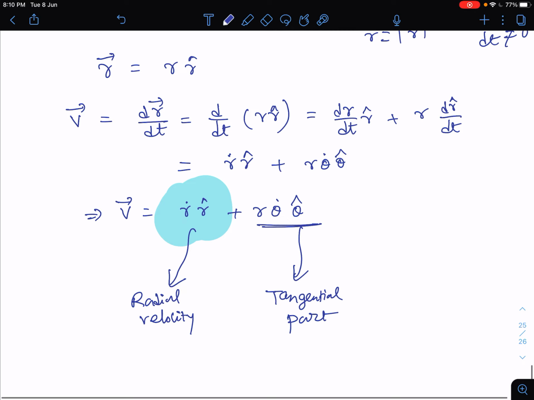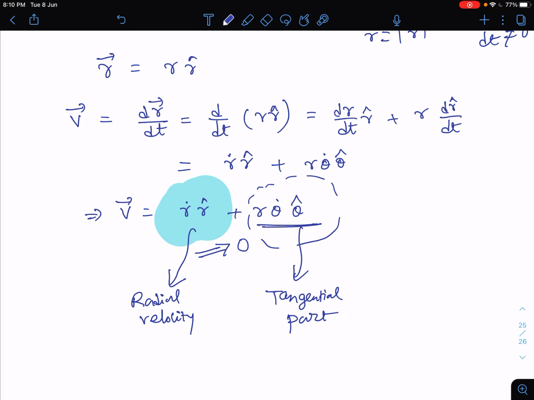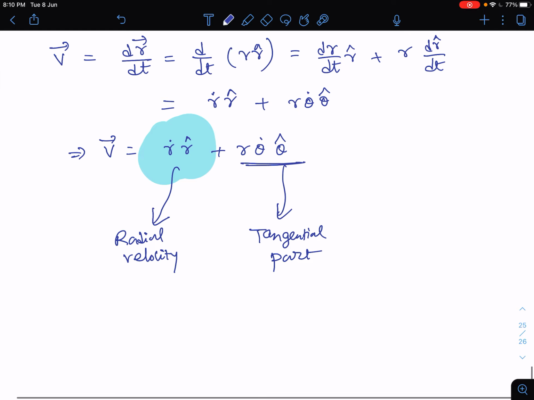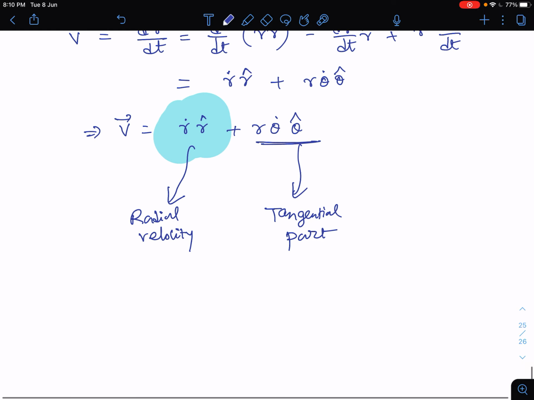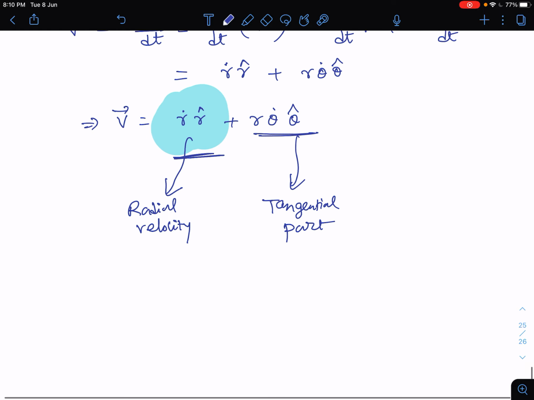For a uniform circular motion, this goes away to 0 and only this term was there. That was like our earlier cases. Now, since it is non-uniform motion, this term survives.